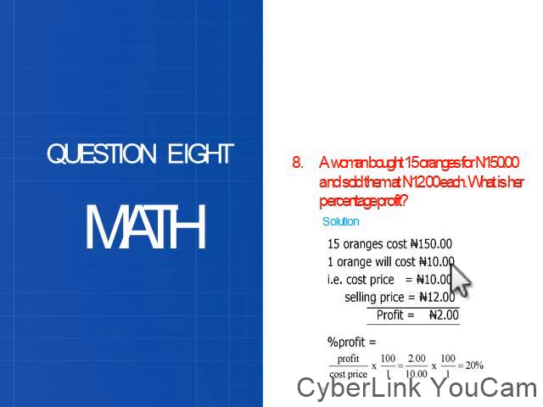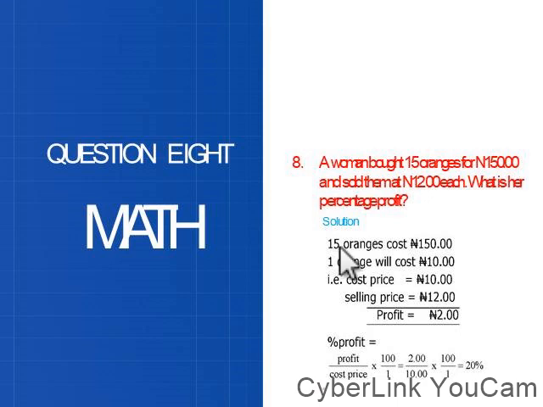Right? You see that? Or you could do it with more or less divides. 15 oranges will cost 150. So one orange will cost what? Will one orange cost less, or more? One orange will cost less. So if it is less, then more will divide. Now which one is more between 1 and 15? It is 15. So more divides.